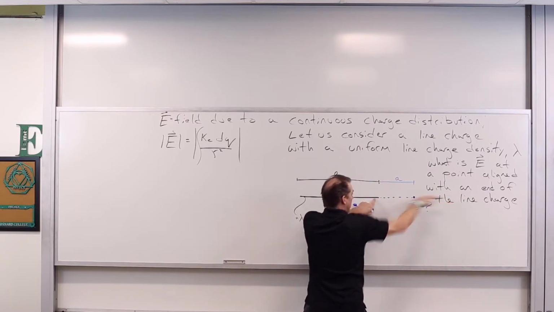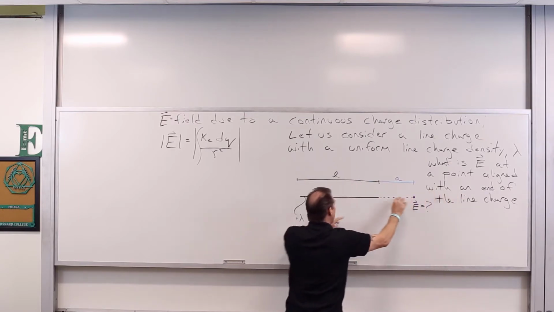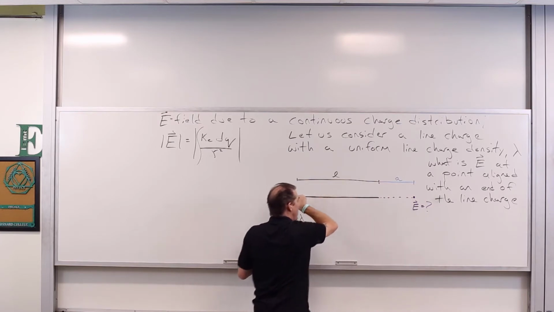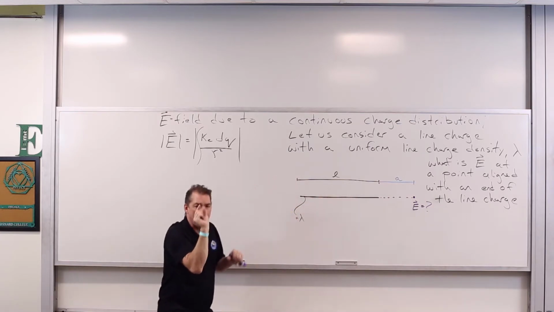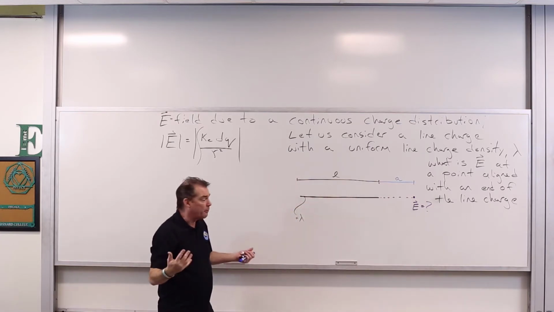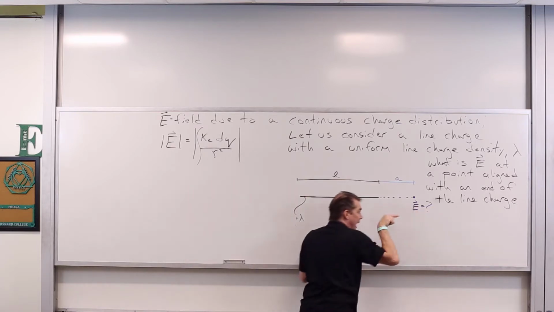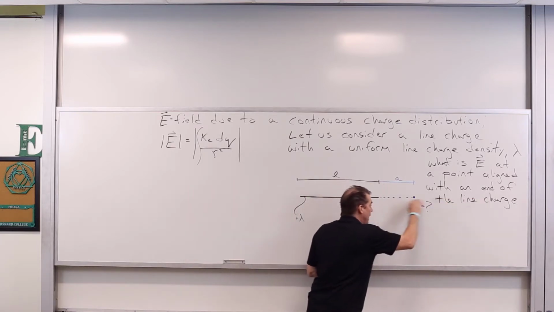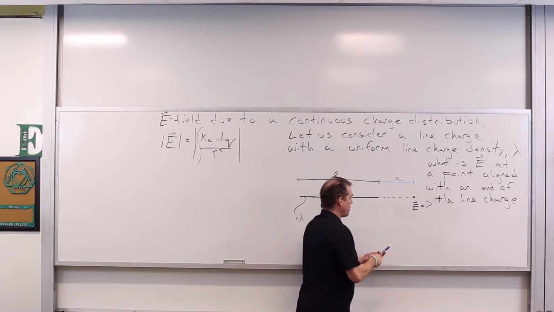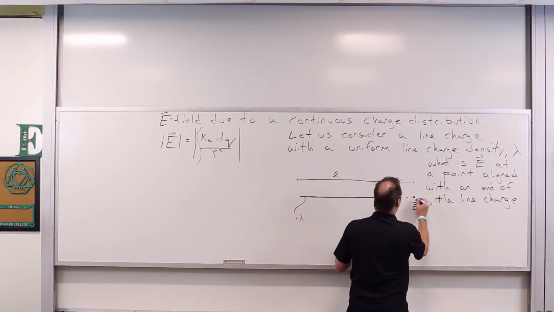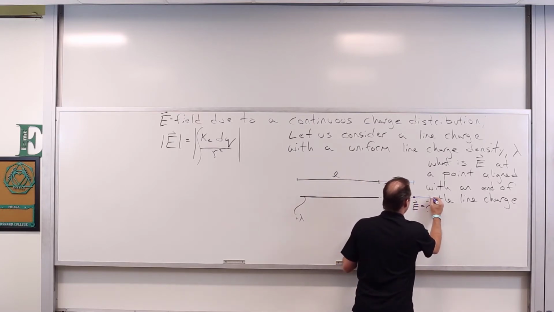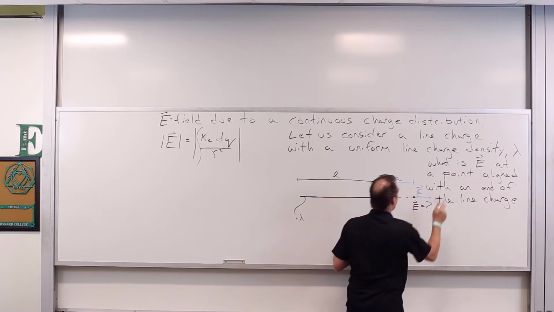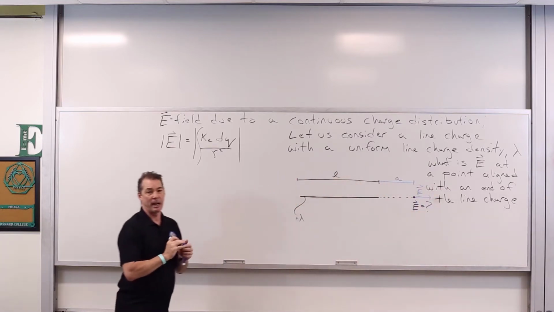With respect to this point is that way. With respect to this point is that way. Anywhere we look, the field relative to that dq, or that line element dl, is going to be radially outward, and aligned with the end is going to be in that direction. So we should note that the electric field here, just by direct inspection, has to be in the i-hat direction.